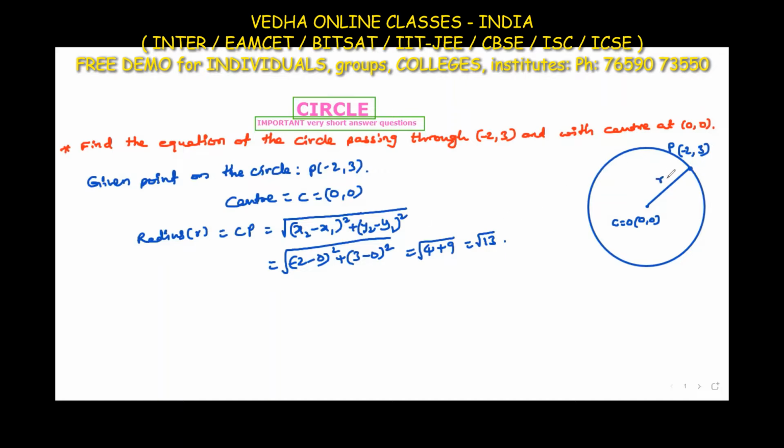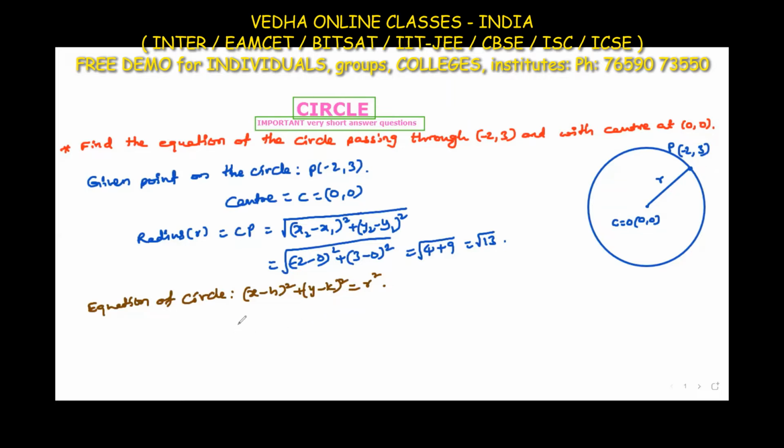Now he is asking to find the equation of the circle. The equation of a circle, when we know the center and radius, is x minus h whole square plus y minus k whole square is equal to r square. Or otherwise, since the center is the origin, we can directly use x square plus y square is equal to r square.